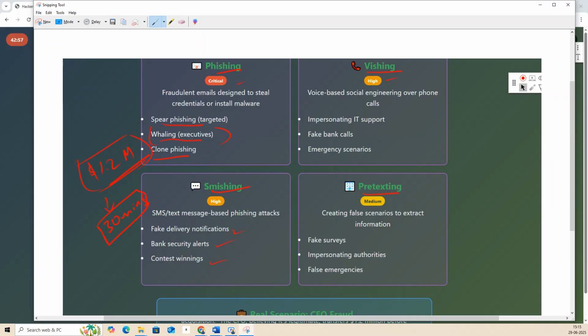The CFO of a manufacturing company received an email that appeared to come from the CEO. The subject line read something like: "Confidential acquisition, urgent wire transfer required."